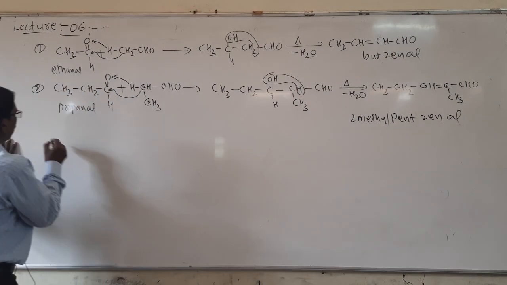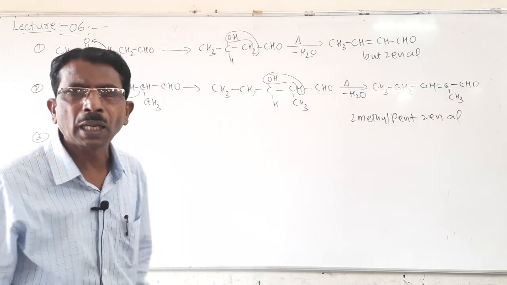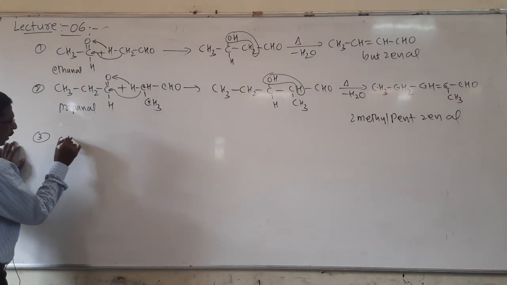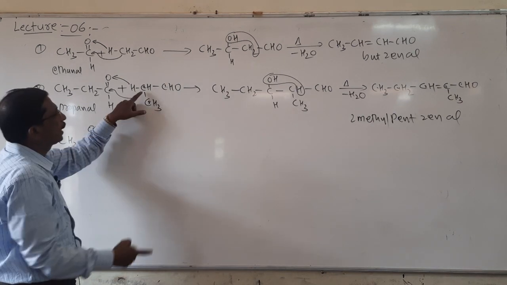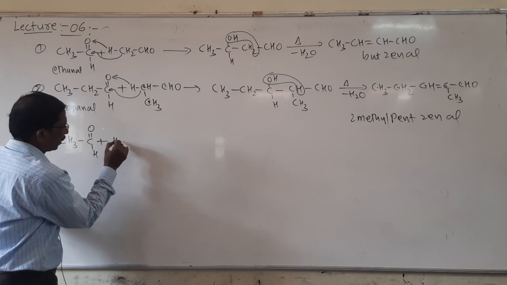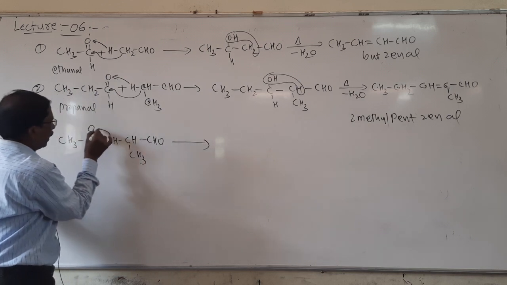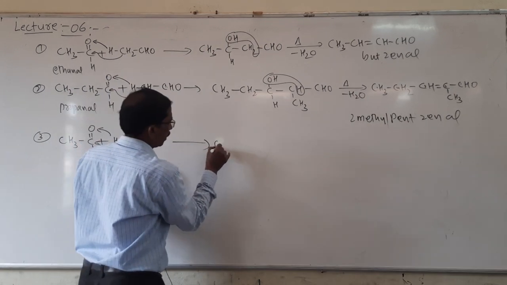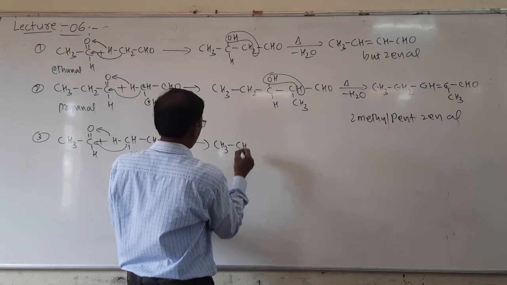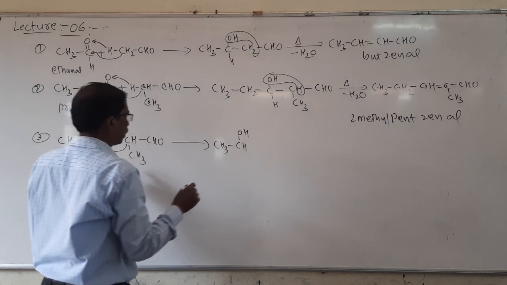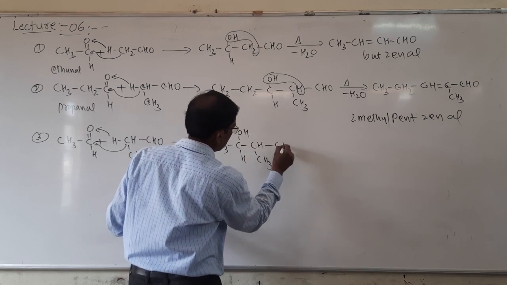And then the third product. The third product is ethanol plus propanol. Ethanol plus propanol. Look here: CH3, C double bond O, H plus propanol. Again the secondary carbon is more reactive. Then here it attacks and forms CH3, CH, OH, CH, C, CH3, CHO.